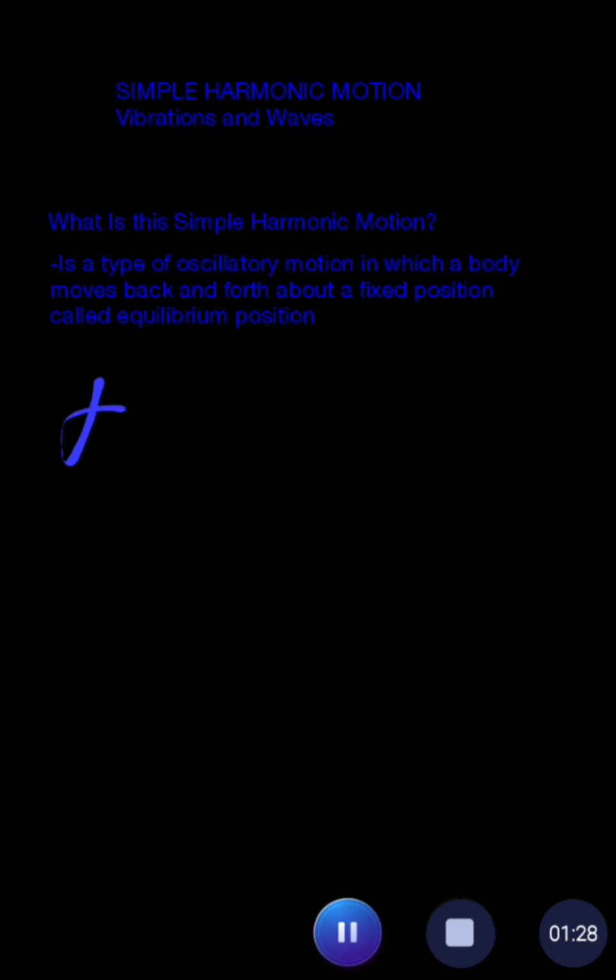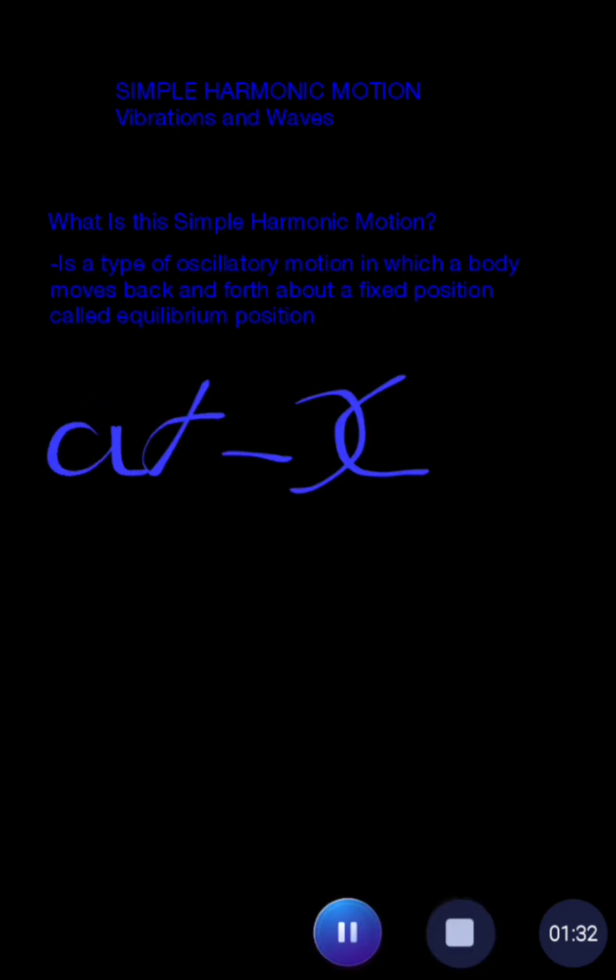So this mathematical expression summarizes everything that I was talking about. The key thing to remember is the restoring force or acceleration is directly proportional to the displacement and always directed toward the equilibrium position. That's why we see that negative sign, because the restoring force acts to oppose the direction of displacement, since it wants to bring the object back to equilibrium.